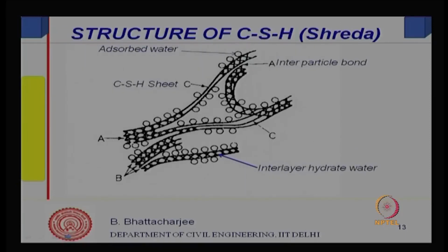So, this was one model proposed. There is another model after Schroeder, and here you can see adsorbed water again at the surface, and these are the sheets. So, CSH sheets are here, the adsorbed water at the surface, the interparticle bond is between this particle and another sheet. So, they are not in exact parallel layers, but in different orientations. This X, cross, is interlayer hydrate water.